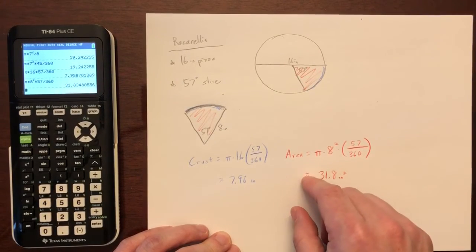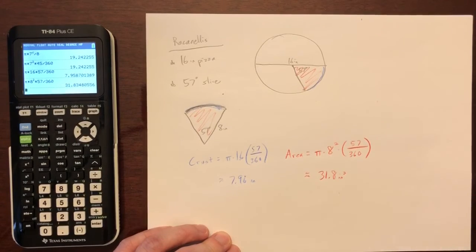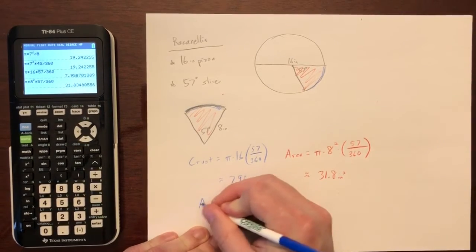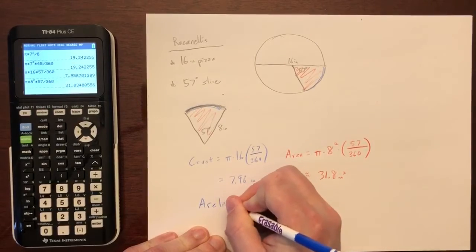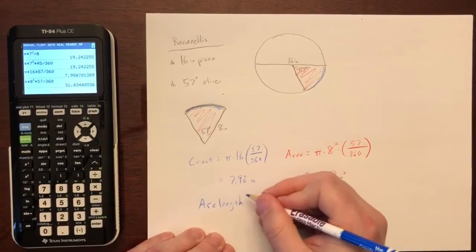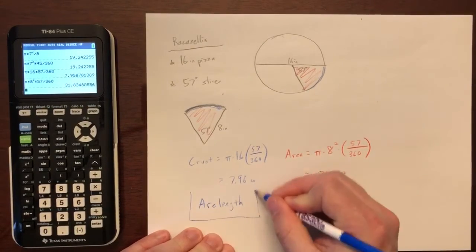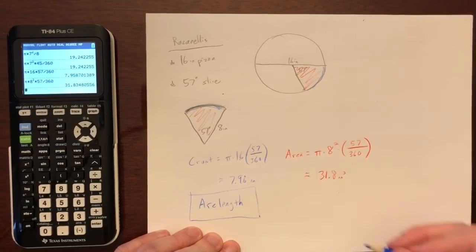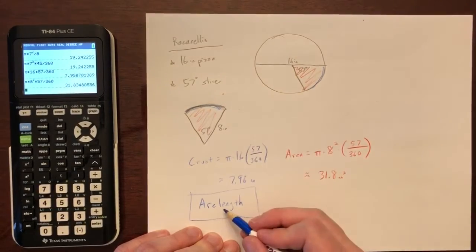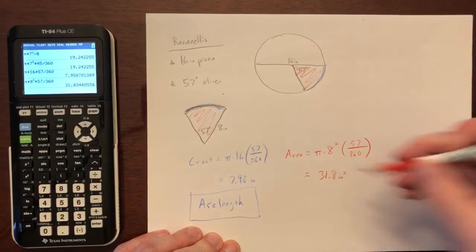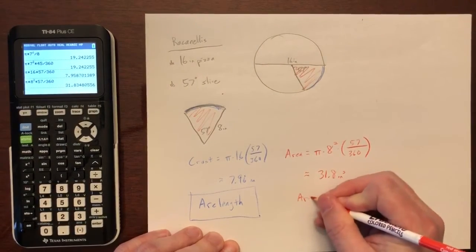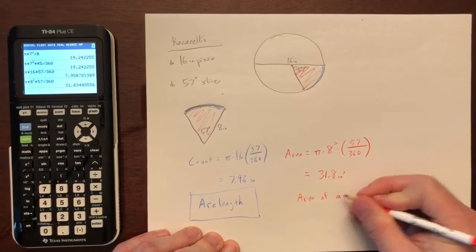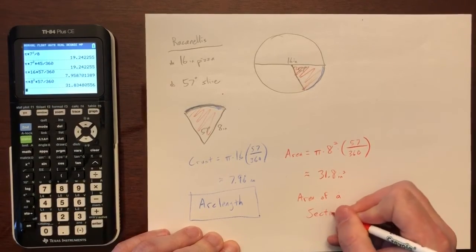The geometry words that you're going to see are, crust is called arc length. So when Carol or anyone in a geometry setting outside of pizza talks about this, they're going to call that arc length. And then the area of this is called the area of a sector.